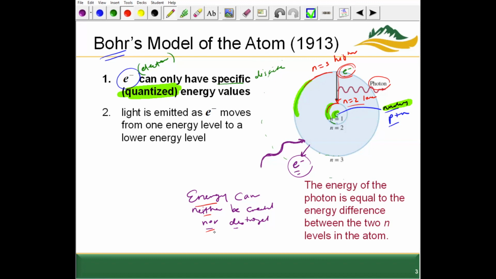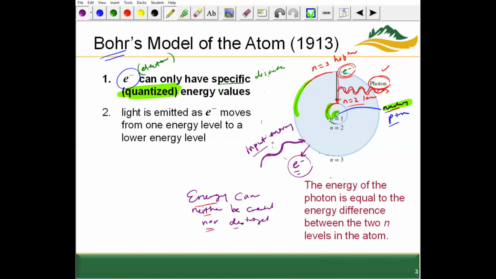It can't just disappear. We see that energy in the form of light, or a wave, or a photon being emitted from the atom, where the atom contains that nucleus and all of the surrounding electrons.